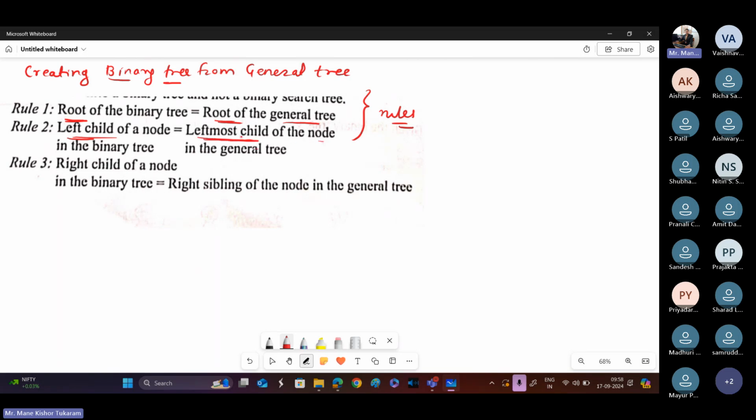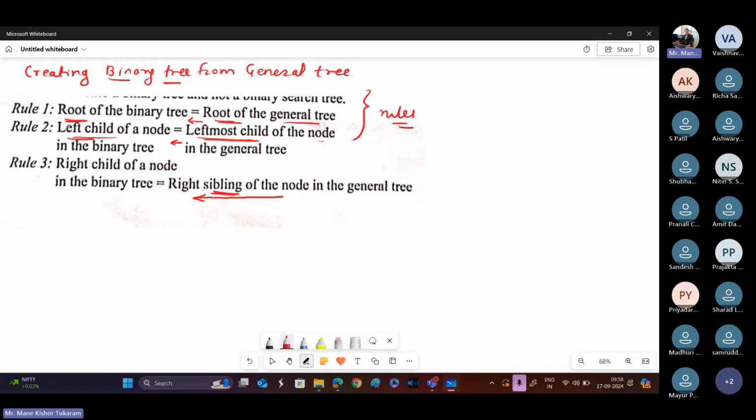Okay. So how to decide the left child of the binary tree? Whatever the leftmost child of the general tree is treated as a left child. Okay. Then whatever the right child of a node in the binary tree is equal to right sibling of the general tree. Okay, so this is the term sibling.